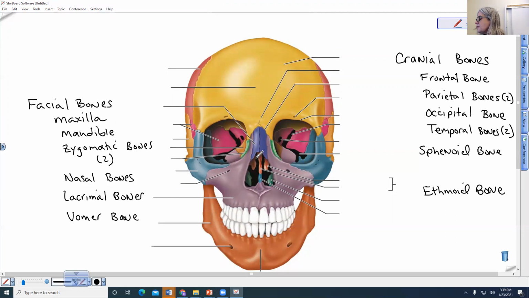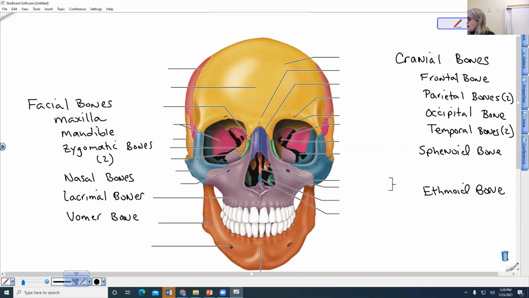And the perpendicular plate is where we have a piece of the ethmoid bone coming down, and it is connecting to the vomer bone. So sometimes when we look at structures, say, for example, the zygomatic arch, it doesn't just consist of one particular bone, but it actually consists of parts of bones articulating with one another.